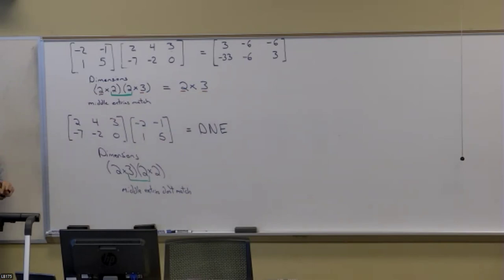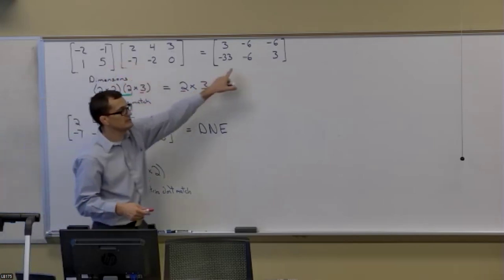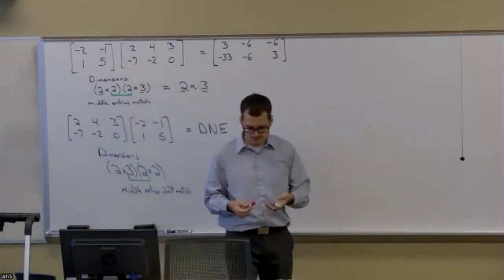Follow that? So the inside dimensions have to match up. That's how we get to multiply rows times columns. And then the number of rows here and the number of columns over here is going to be the size of my matrix.